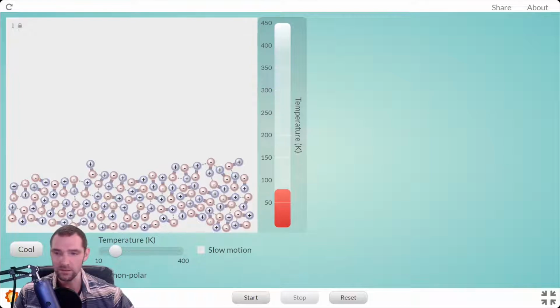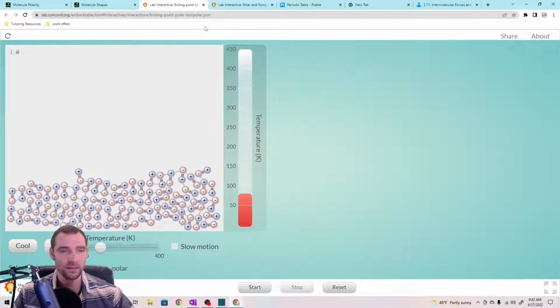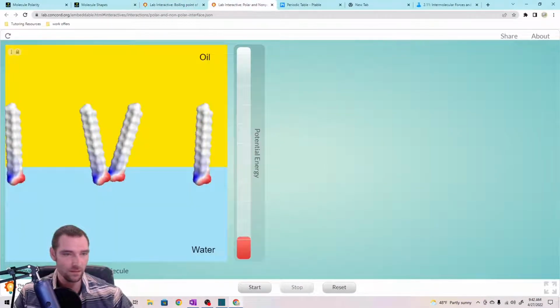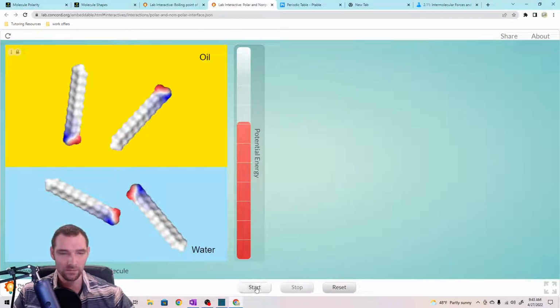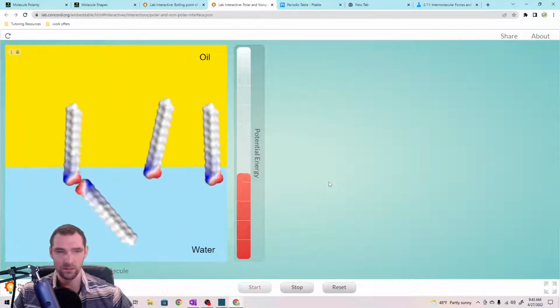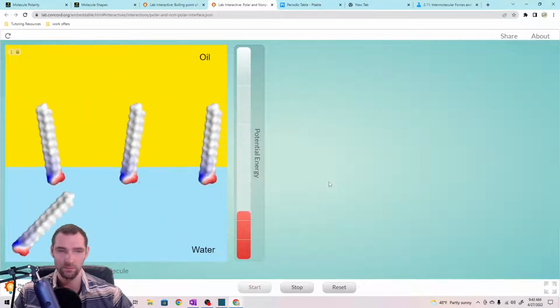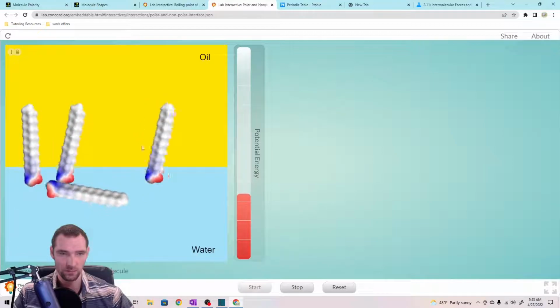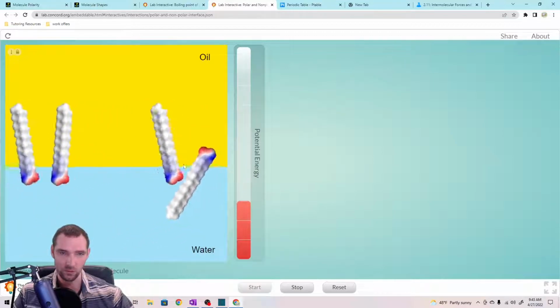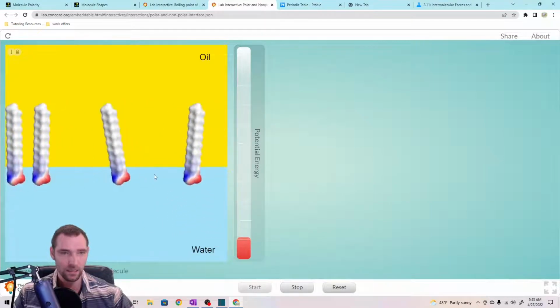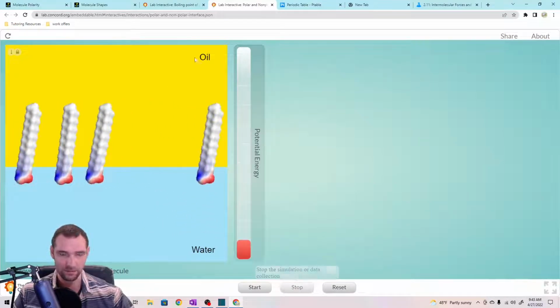There is also an interesting simulation here. This has more to do with biology, but there are some chemicals that have part of the molecule charged and part of the molecule nonpolar. So you'll have a polar and a nonpolar end. In that case, the nonpolar end will go towards the nonpolar solution and the polar end will go towards the polar solution.